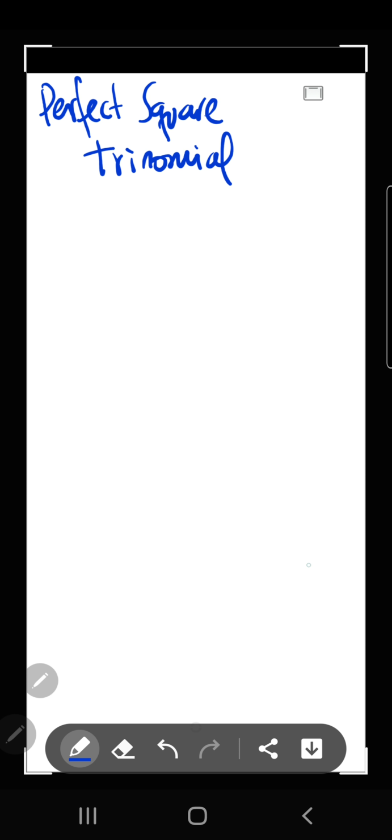The perfect square trinomial can be solved in the same way we solved the two previous forms of factoring, but there is a special way to solve a perfect square and a special way to identify if we have a perfect square.